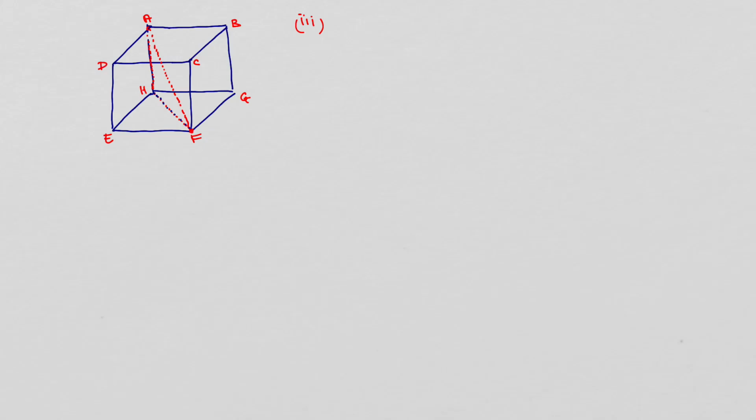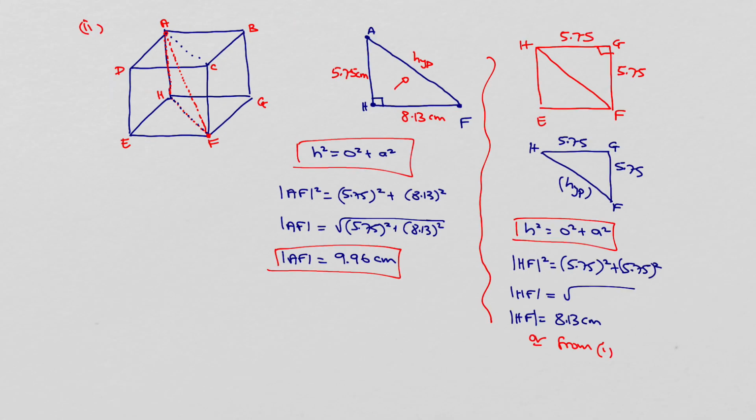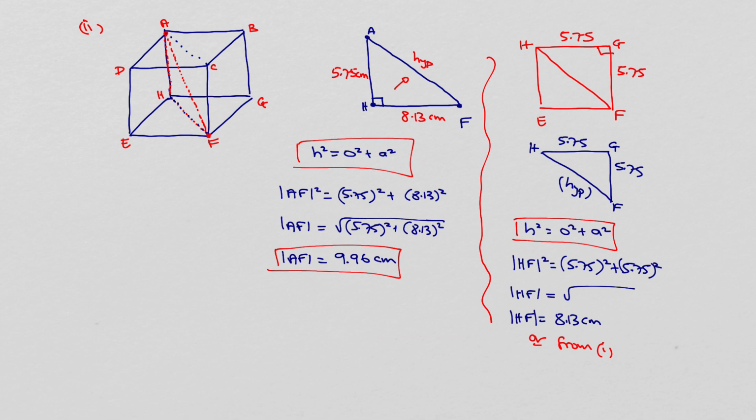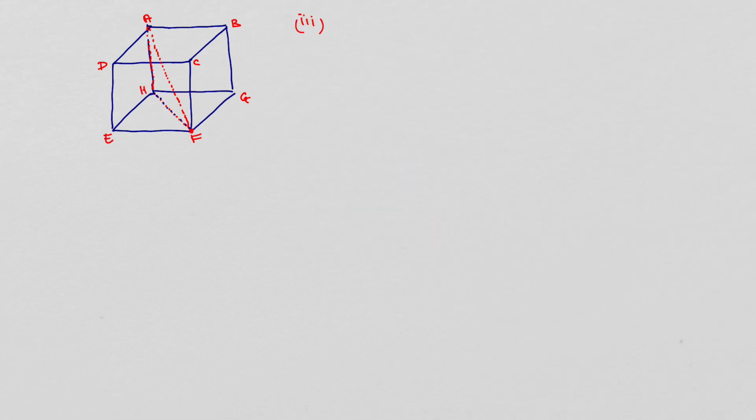So for part 3, we're looking for the angle AFE, and again, F being the letter in the middle, and we want it to the nearest degree. So really what we should see is that this is exactly the same as question 7, because if I look across at F being the base, then to get the angle AFE, we're looking at this angle here.